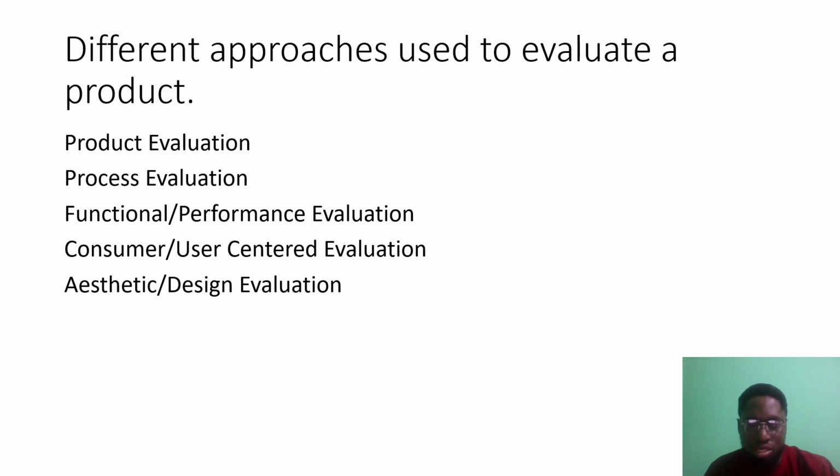So this is when you judge the finished garment or textiles against set criteria. So that's the finish, fit, stretchy quality, durability, aesthetic appeal, without regard to how it is made. So the next in line is process evaluation.